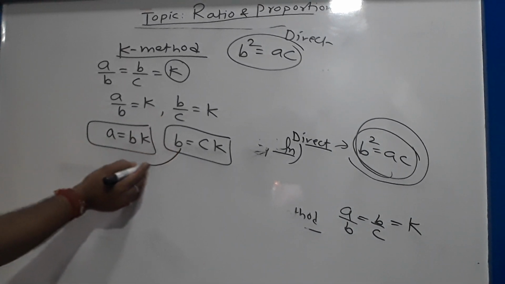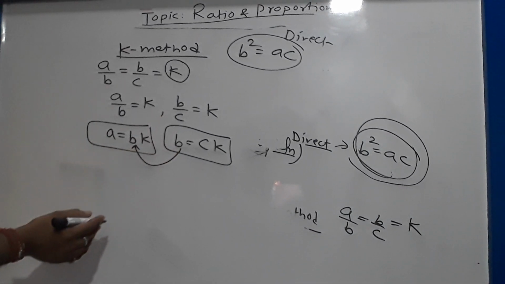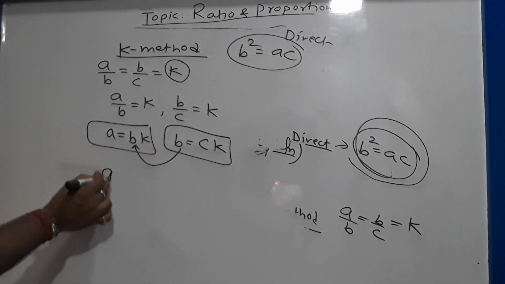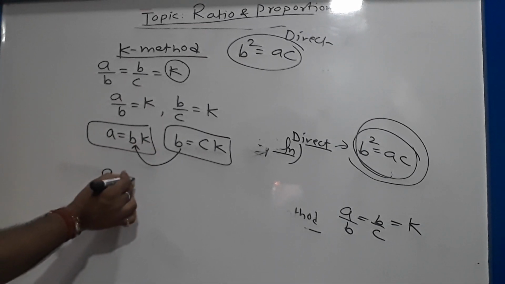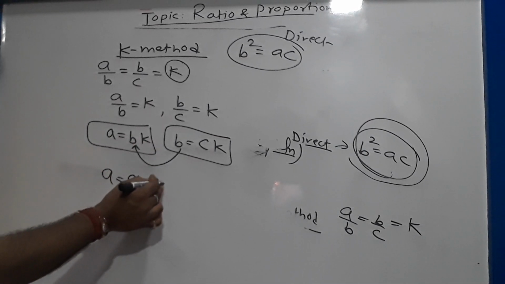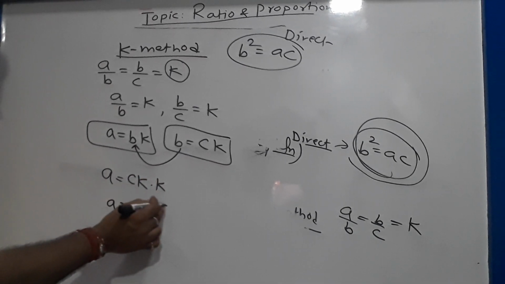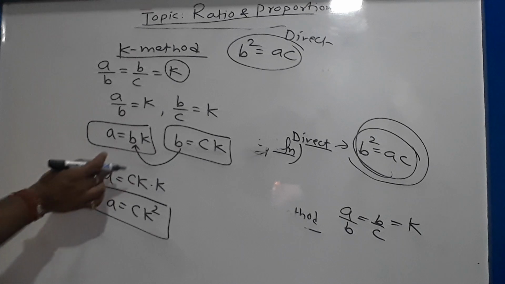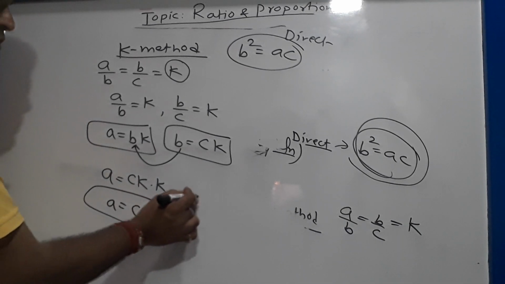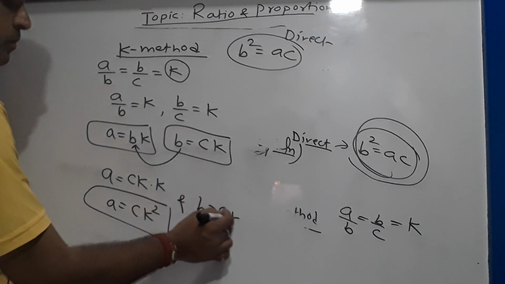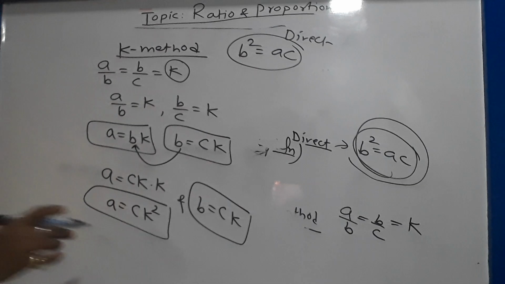Put the value of B in this. So you will get A is equal to CK into K, so A is equal to CK square. And B is equal to CK.